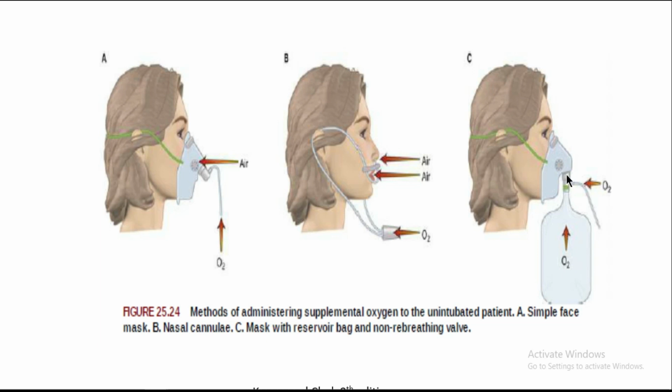By this valve only, the patient can inhale oxygen, and when the patient exhales, carbon dioxide goes out through this valve and oxygen is stored here. By this device we can give the patient up to 15 liters per minute of oxygen.